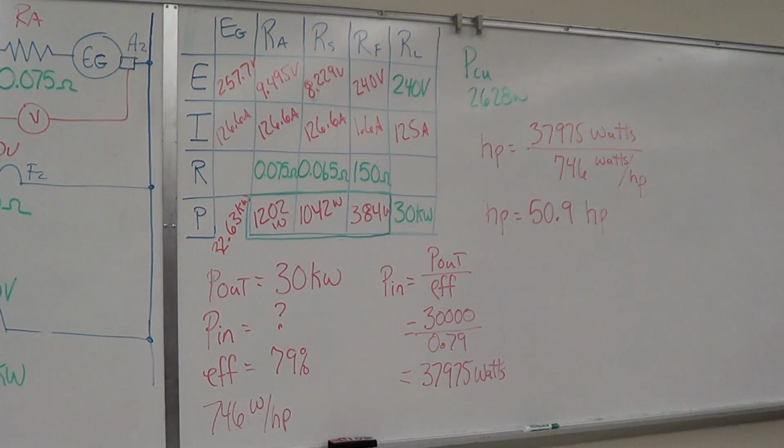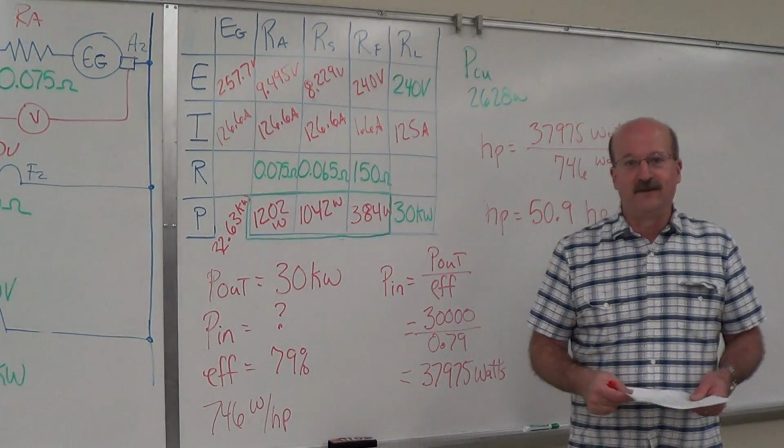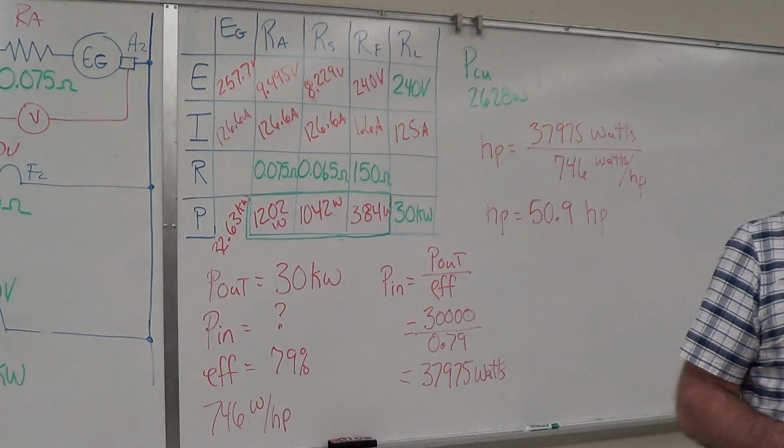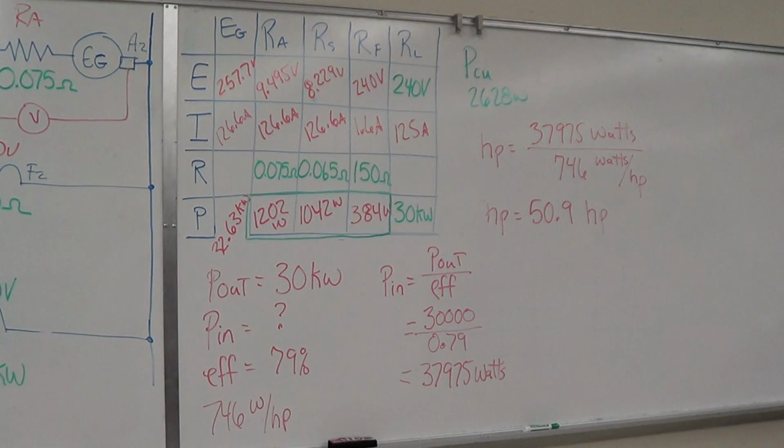In this case, that's pretty darn bad. About 5,000 watts of heat generation. I purposefully lowered the efficiency on this one. Oh, Scott, so A, the armature current is 126.6 amps.